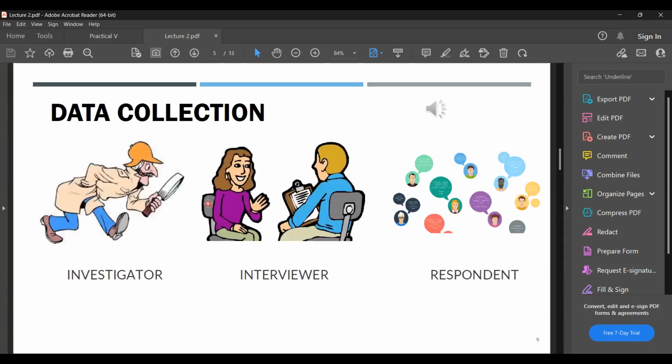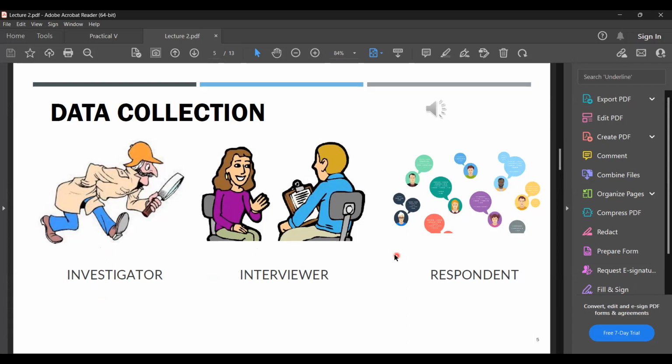If you are going to use primary data for your study, most of the time these people will be involved in data collection. The investigator is the person who investigates the scenario.